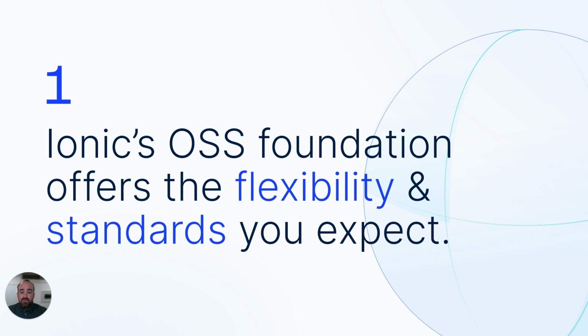And so Ionic's open source foundation gives enterprises the flexibility, the focus on standards, the dependability over the long term, the auditability, etc., that really, really matter to them. The ability to go hire developers that can work on it. These things are critical for enterprises. They're never going back away from the benefits of open source, right? That is clearly the future, and we think it's a cornerstone of our vision for the future.